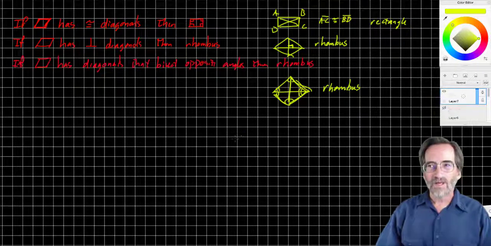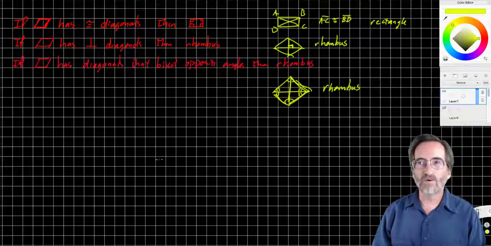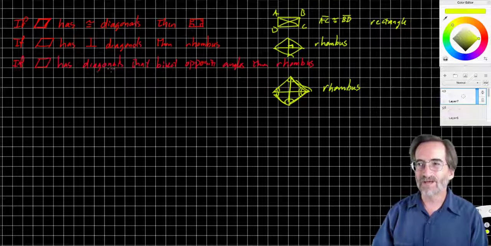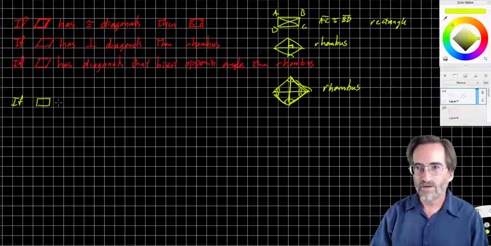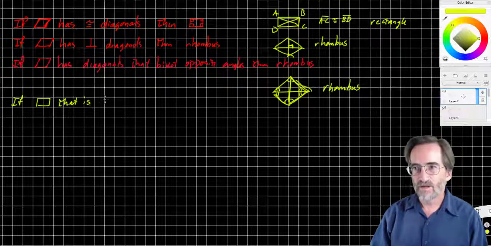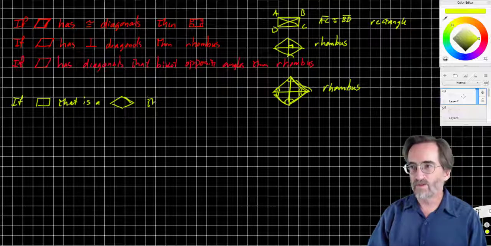Okay, and basically a square is both a rhombus and a rectangle. So if we have a rectangle that is a rhombus, then we have a square.